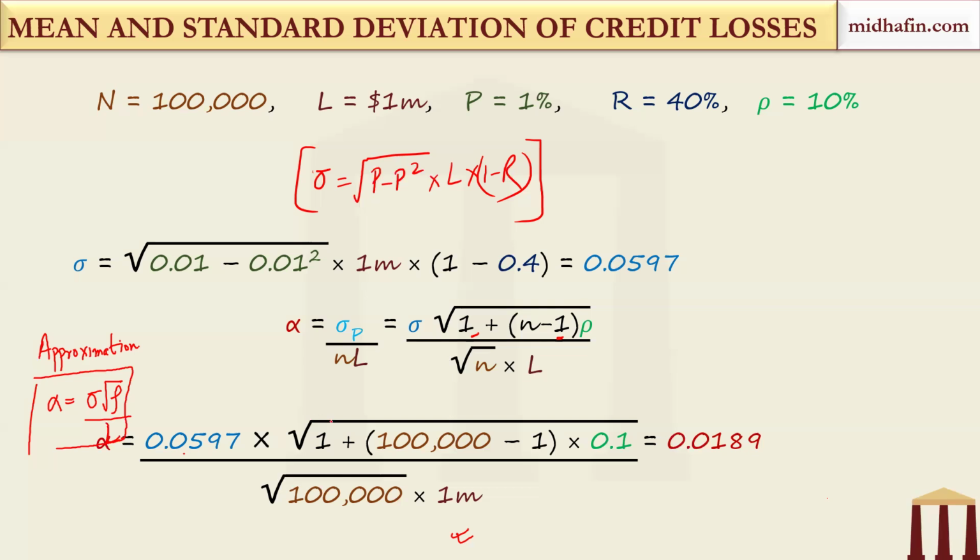What about this? This entire thing 0.0189, or this entire thing is also 0.0189 times 10 to the power minus 6? Because if we do this, I'm not able to get this. If we are doing 0.0597 multiplied by square root of 0.1, divided by 10 to the power 6, which is 1 million, correct?